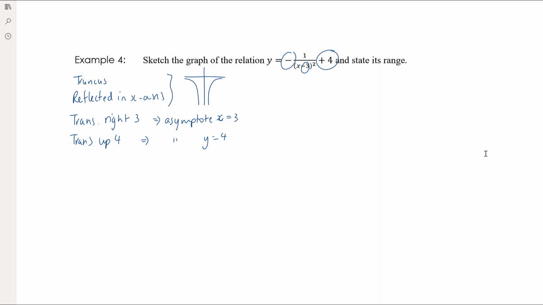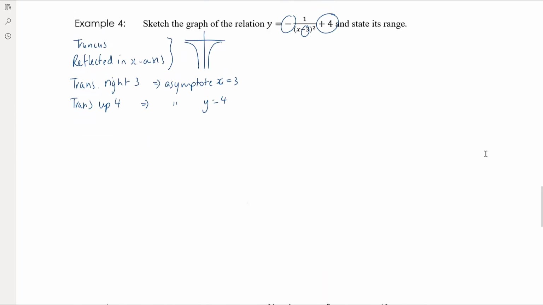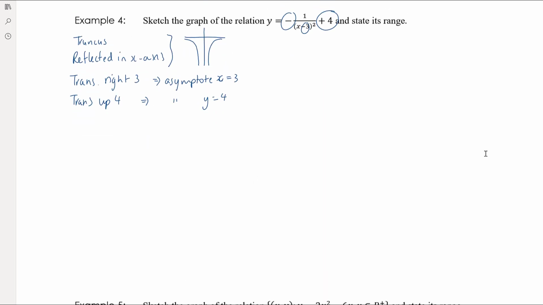Okay, so we want to sketch the graph. Remembering with the truncus and the hyperbola, you want to draw your asymptotes in first. They give you structure. Okay, so asymptotes, dashed lines labelled with equations.